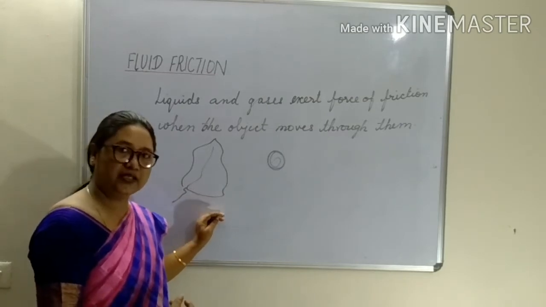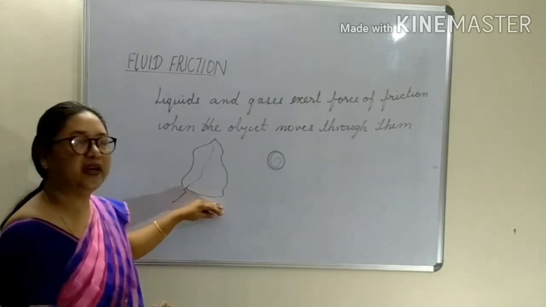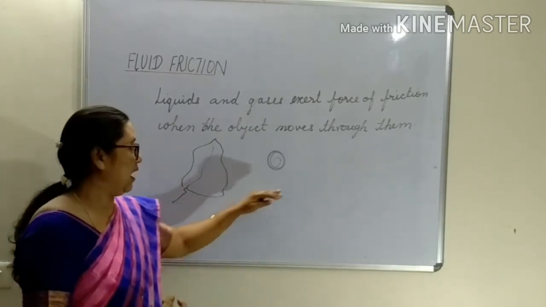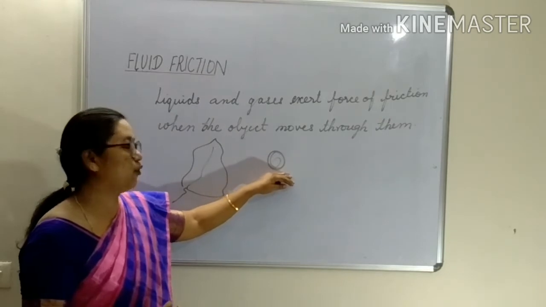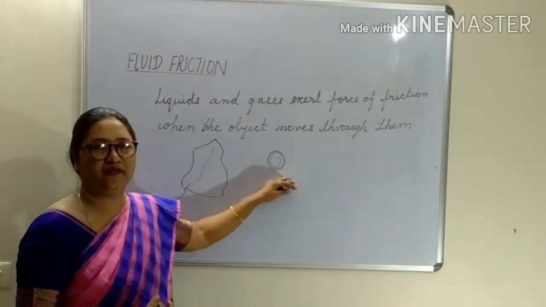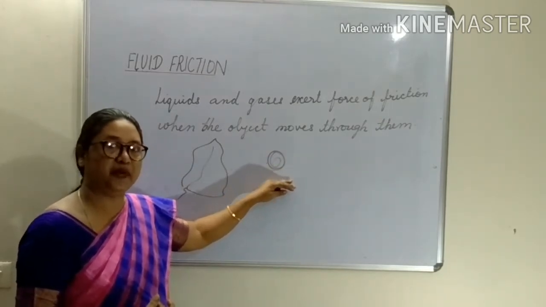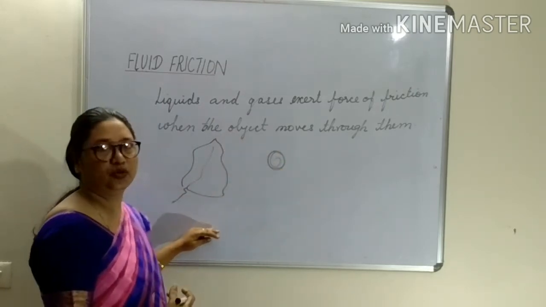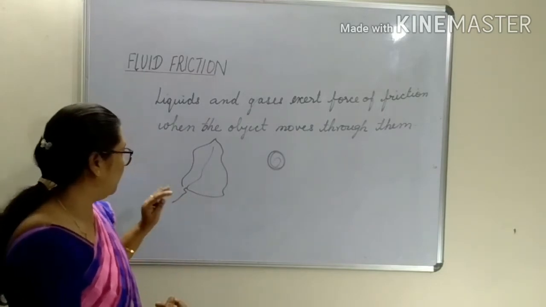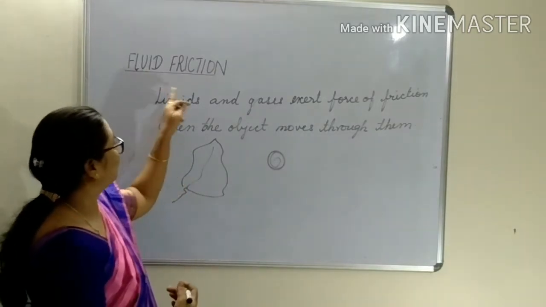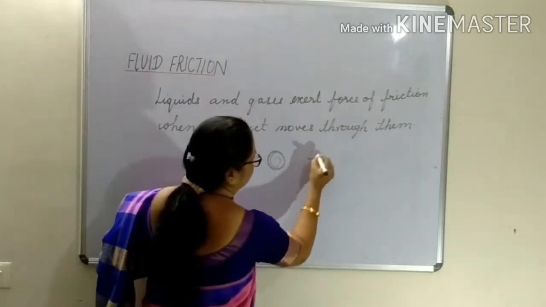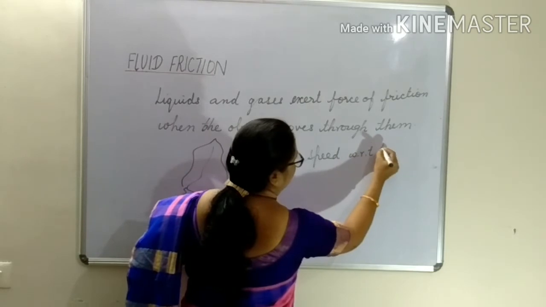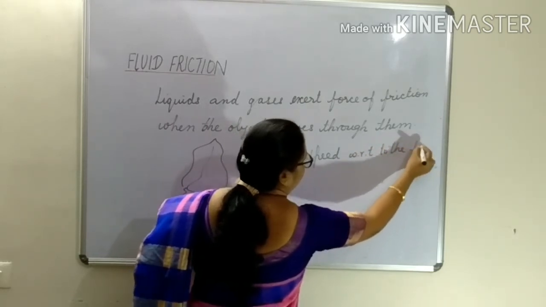Why? What is the reason behind it? Because the leaf will experience more air resistance and the fruit will experience less force of friction. Fluid friction will be experienced less by the fruit as compared to the leaf. So we can say that the fluid friction depends on speed with respect to the fluid.